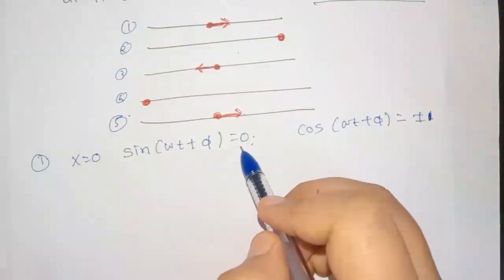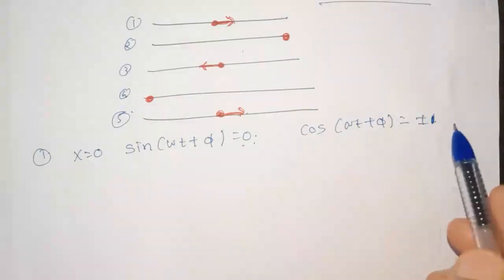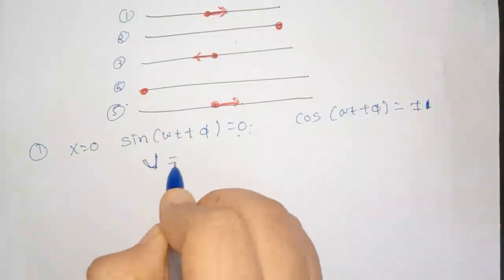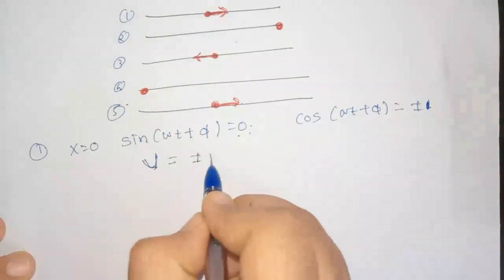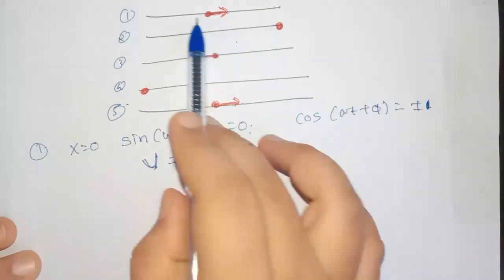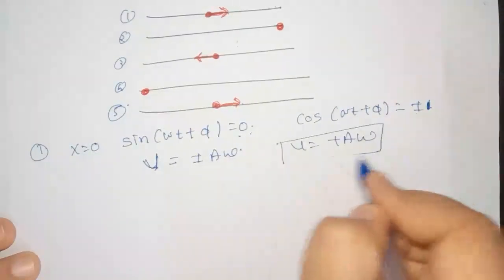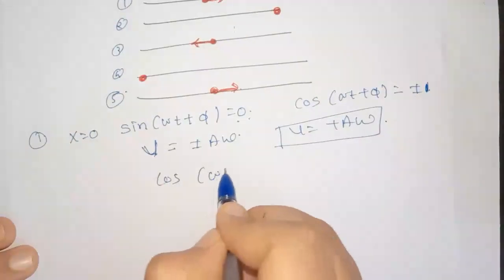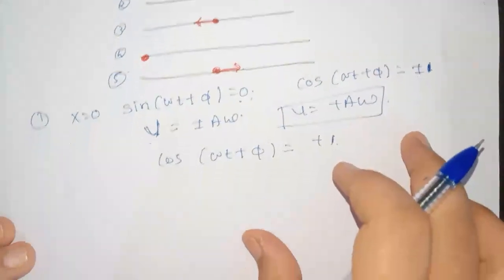Because as sine theta is 0, it will be either 0 degree or 180 degree. So value of cos will be plus or minus 1. So V will be equal to, velocity at this point is plus or minus a omega. Now the arrow is indicated in the positive direction, so velocity will be plus a omega. So cos of omega t plus phi will be equal to plus 1.